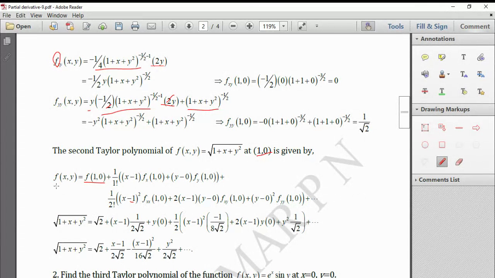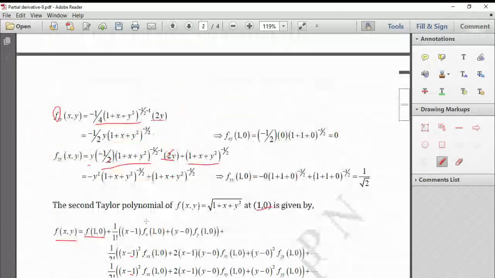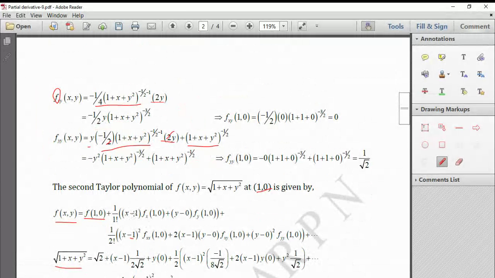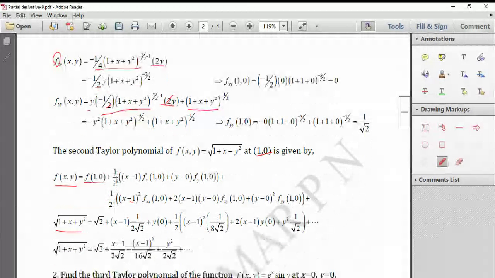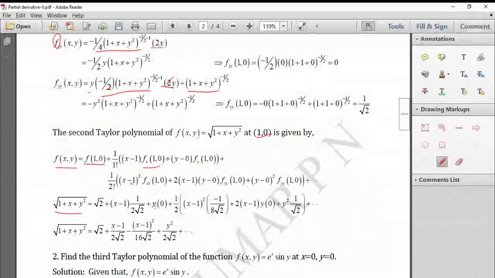Now substitute. What is your f of (x, y)? That is this, is equal to, what is your f of (1, 0)? F of (1, 0) is root 2. So root 2 plus (x minus 1) into 1 by 1 factorial is 1. What is your fx at (1, 0)? 1 by 2 root 2. Now (y minus 0) into, what is your fy at (1, 0)? It is 0. So y into 0 plus 1 by 2 factorial is 1 by 2 into (x minus 1) whole square into, what is your fxx at (1, 0)?